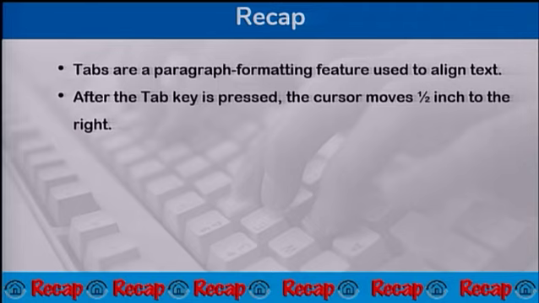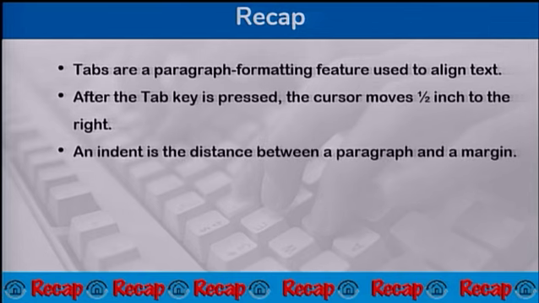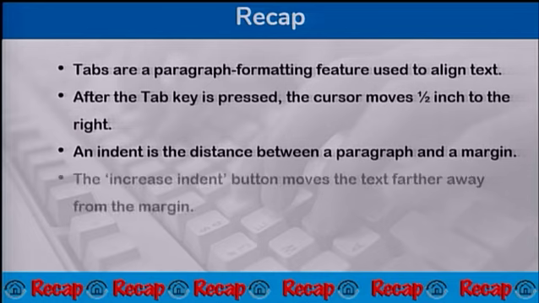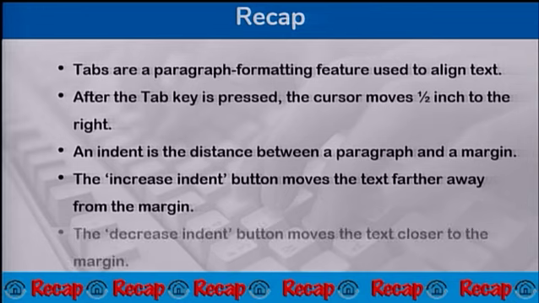We also looked at the indent buttons. An indent is the distance between a paragraph and a margin. The Increase Indent button moves the text further away from the margin, while the Decrease Indent button moves the text closer to the margin.